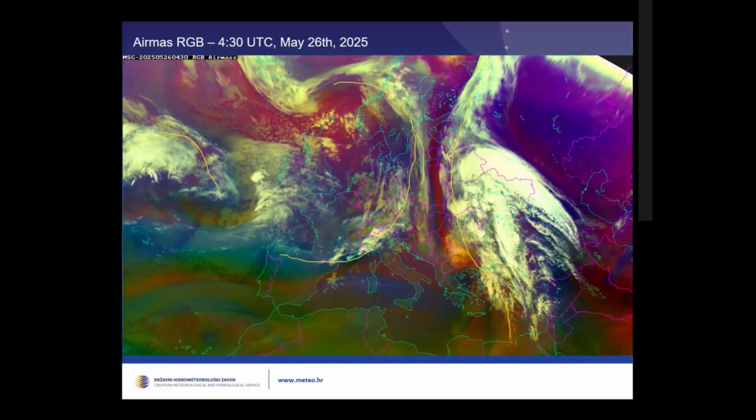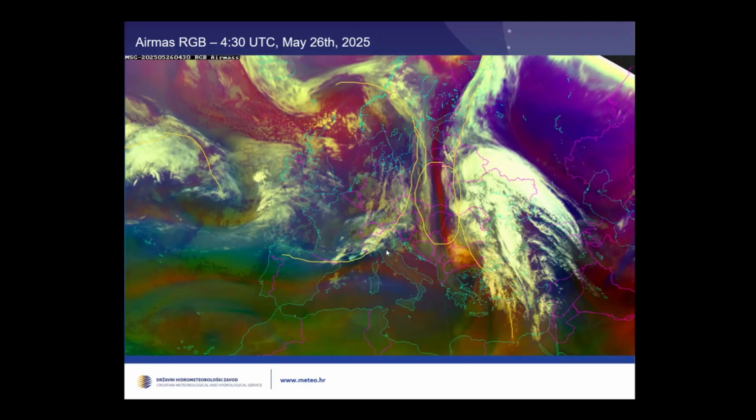So the next question is, somebody already put here a sign when I asked about cold and warm air. Could you tell me what this is? Why is this so pronounced, this kind of reddish orangish color? Yes, stratospheric air intrusion. Very good, thank you.